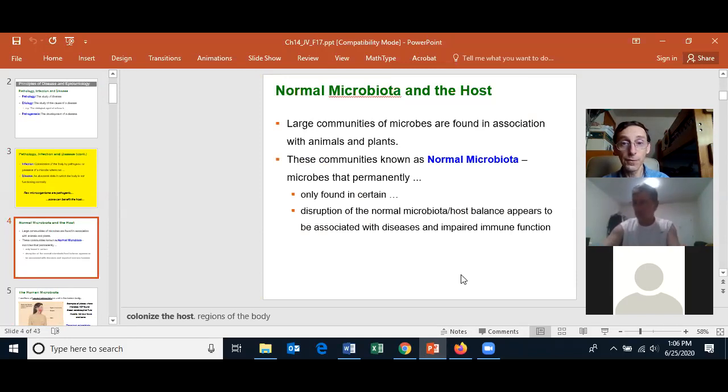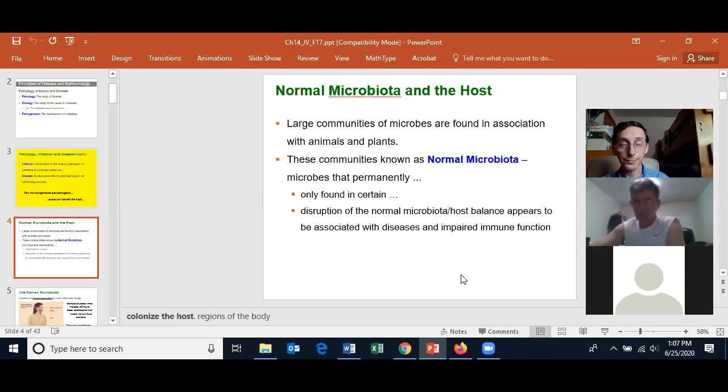These communities are known as the normal microbiota, microbes that permanently colonize a host. So they get on or in the host, and then they permanently will be a part of that host's normal microbiota. They are found only in certain locations. Obviously the skin and the mucous membranes and all of the internal mucous membranes.